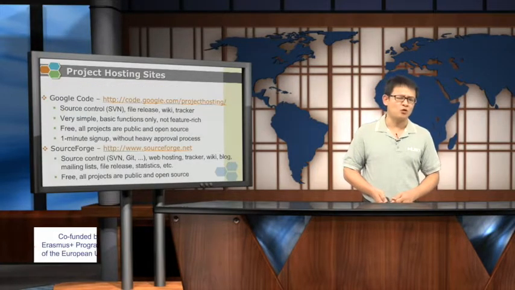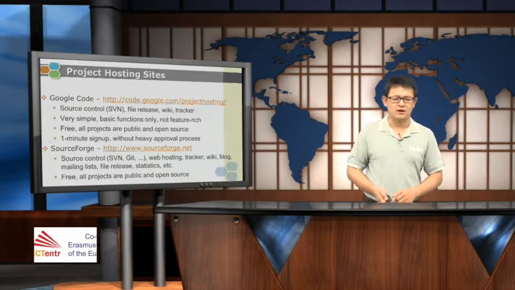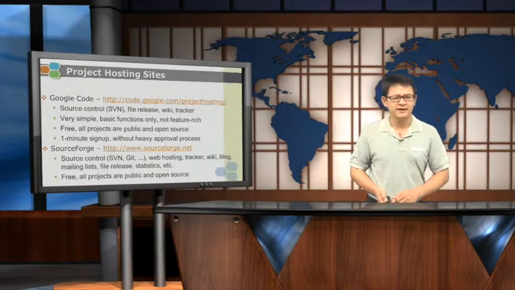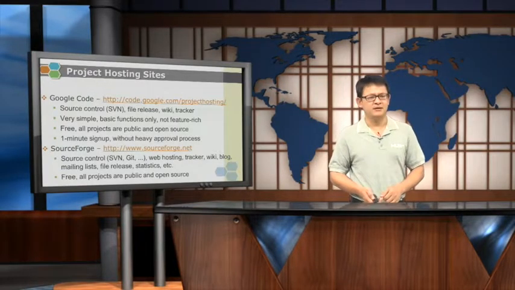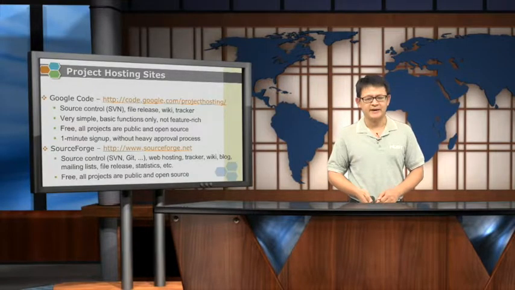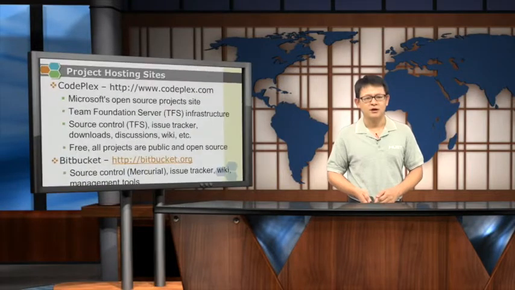And we have Google Code, but actually Google Code has been removed for quite a long time. We also have Assembla, with SVN and Git source control, free for projects that are public and open source. We have Codeplex and we have Bitbucket. Bitbucket is quite popular source control, and it allows private projects with free users too.